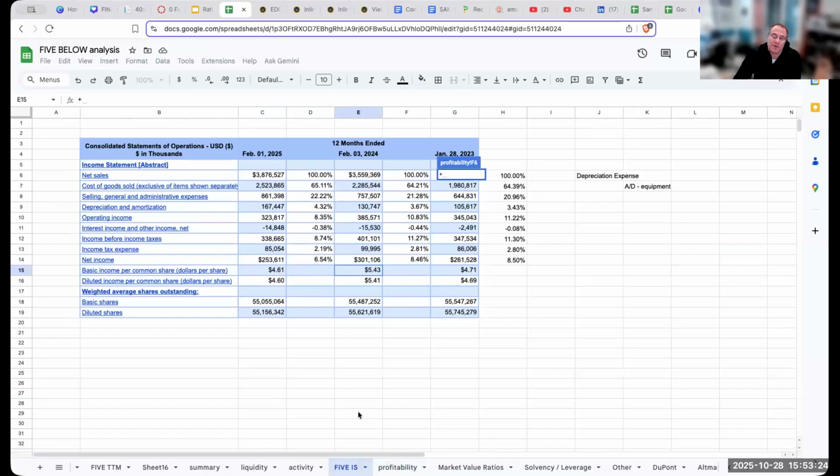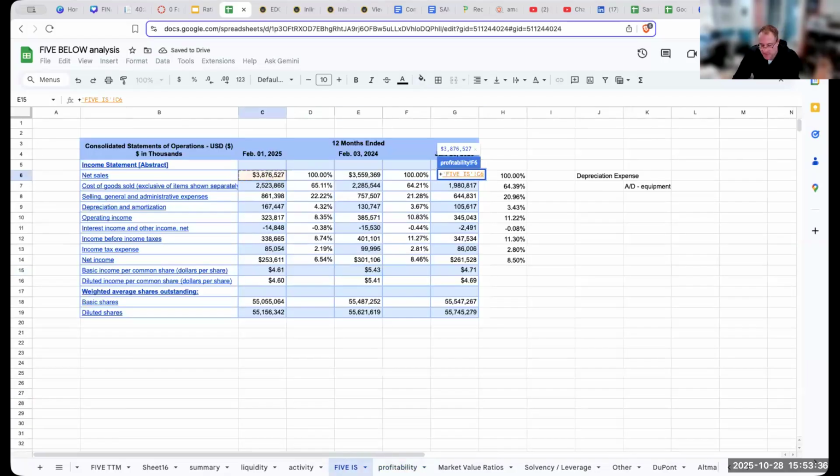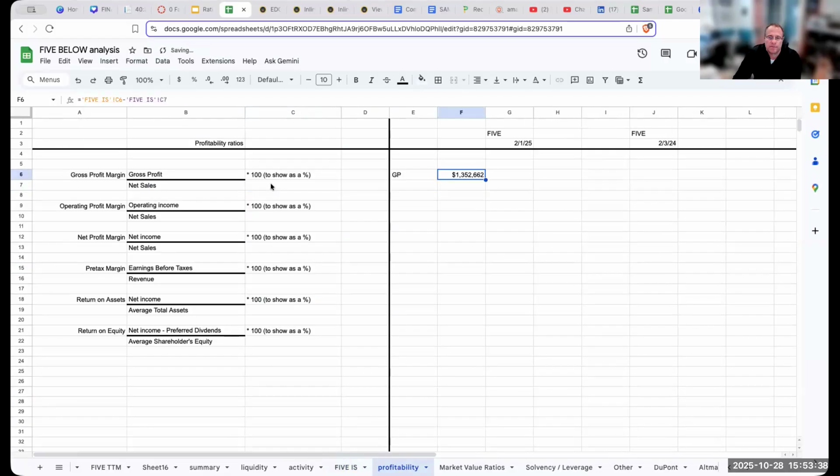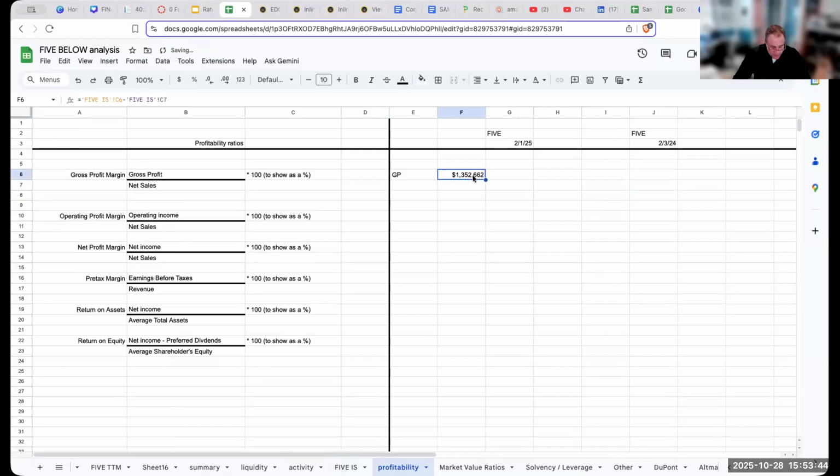Well, I don't know what that is, so I have to figure out what my gross profit is. My gross profit is basically going to be my sales minus my cost of goods sold. So my gross profit right over here is going to be my sales minus my cost of goods sold.